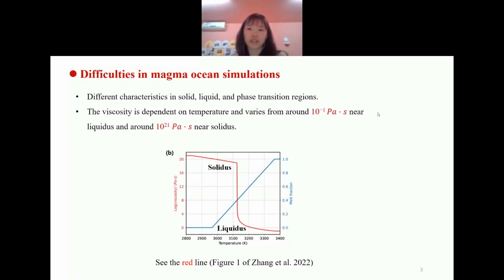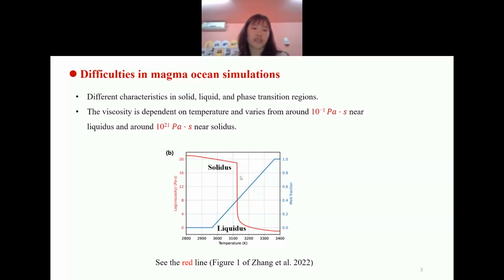To simulate the magma ocean depth, the main difficulties lie in the different characteristics in solid, liquid, and phase transition regions, especially the viscosity. As the red line in this figure shows, the viscosity of silicas is strongly dependent on temperature and can vary from 10 to the minus something per second near liquidus to about 10 to the 21 per second near solidus.